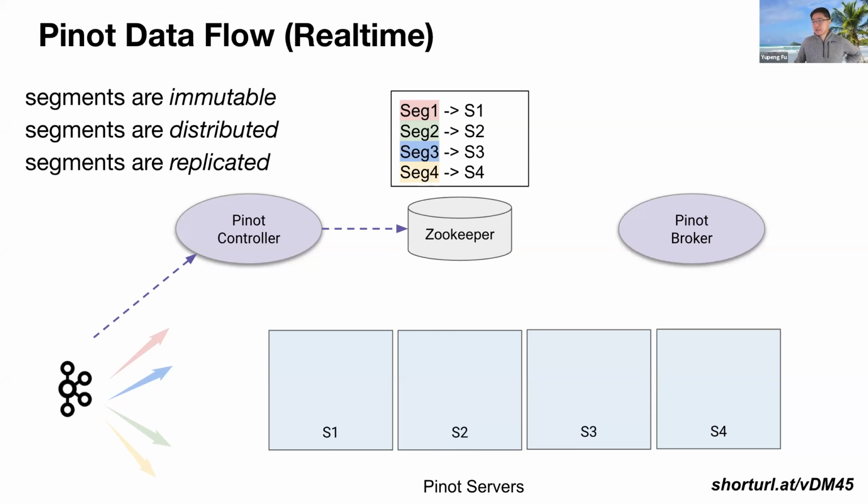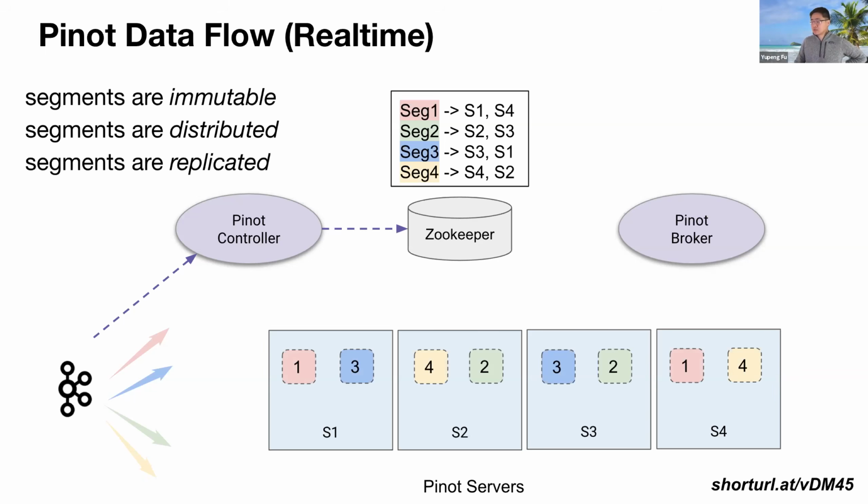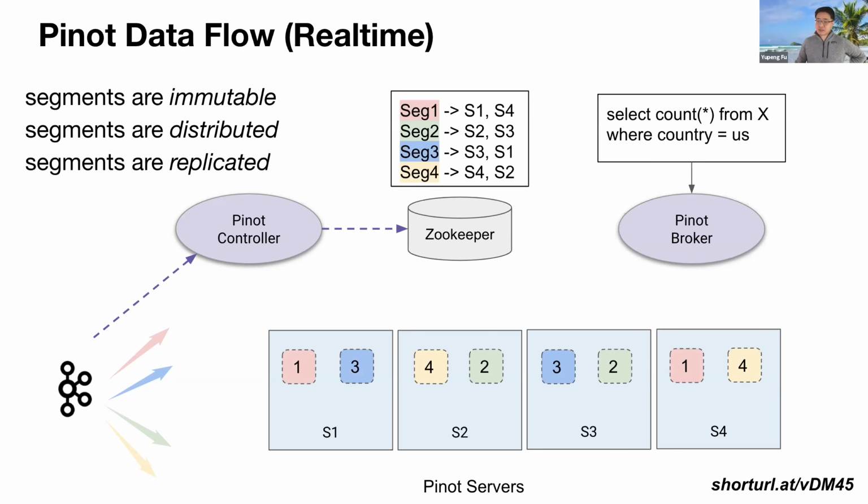And lastly, the segments are replicated, so that for each segment there are multiple copies of it across different servers. In this case, you can see segments 1 to 4 split across 4 servers. And by default, there's no inherent rule on how these segments are distributed. And this can create a challenge for features like Upsert.